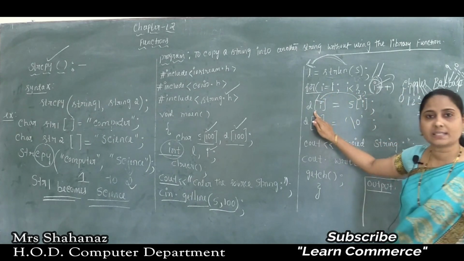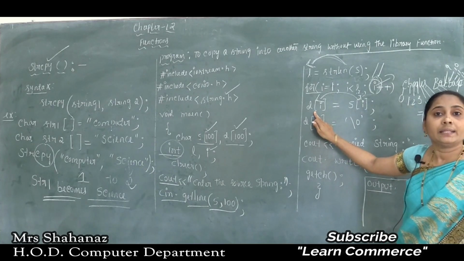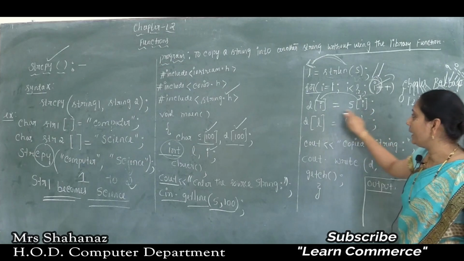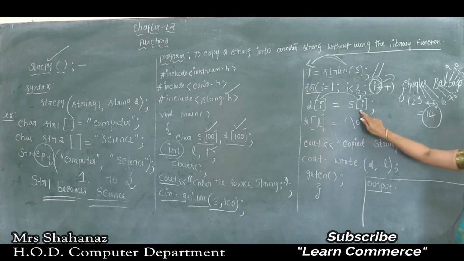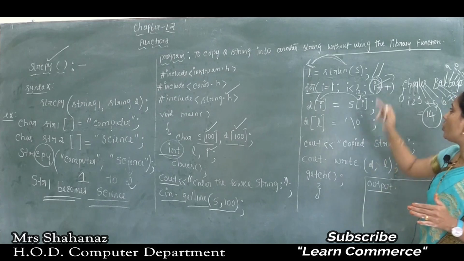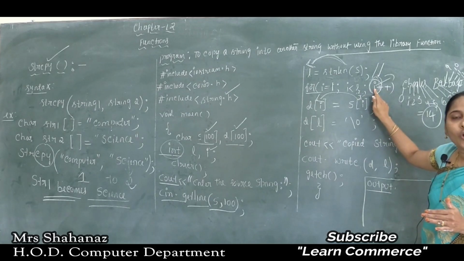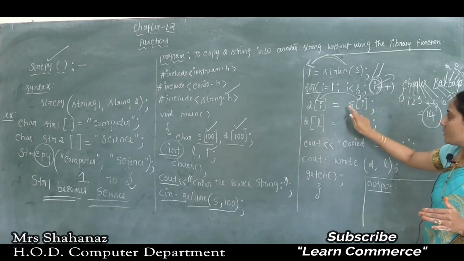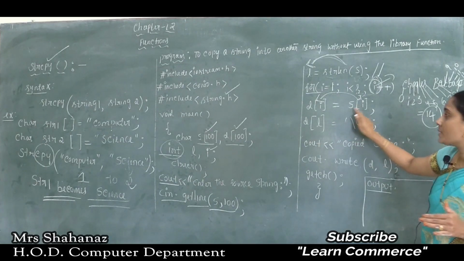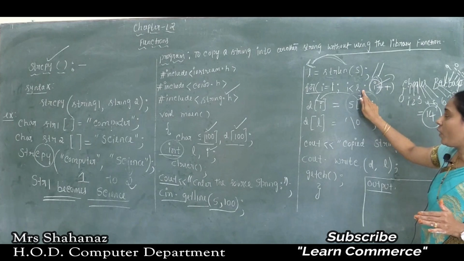As we know, the second string name is D, that is called the destination. Clear this one? So what we did in this line, after accessing all those Charles Babbage group of characters one after the other, all those characters are going to be added into our variable I. As we know, the first string name is S here, so it contains the total number of characters.